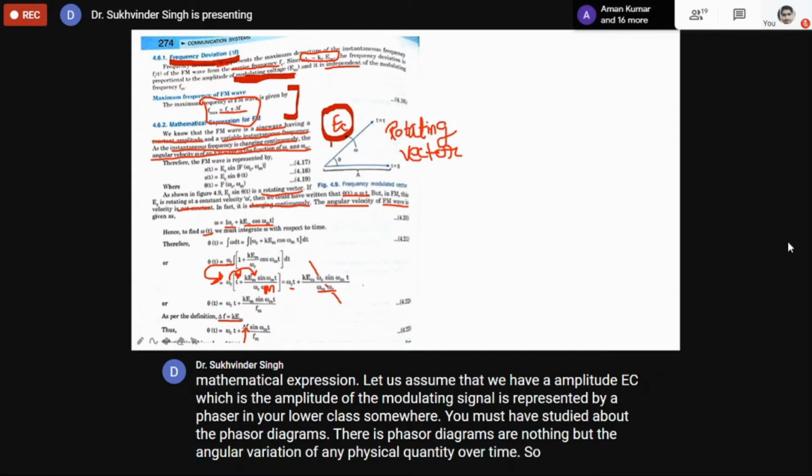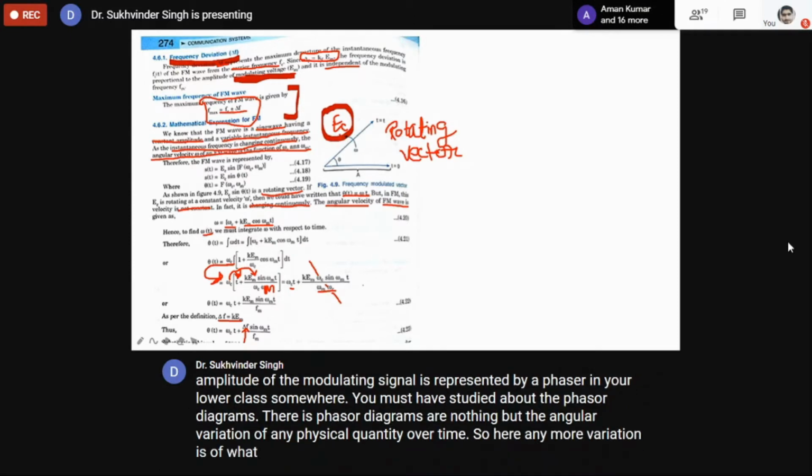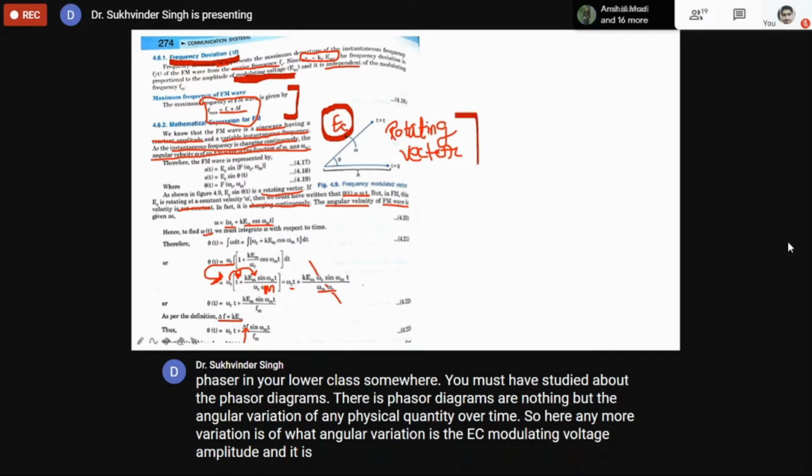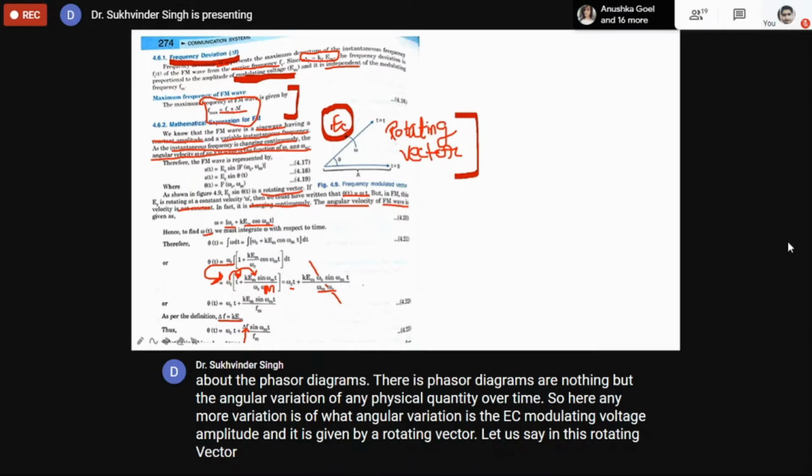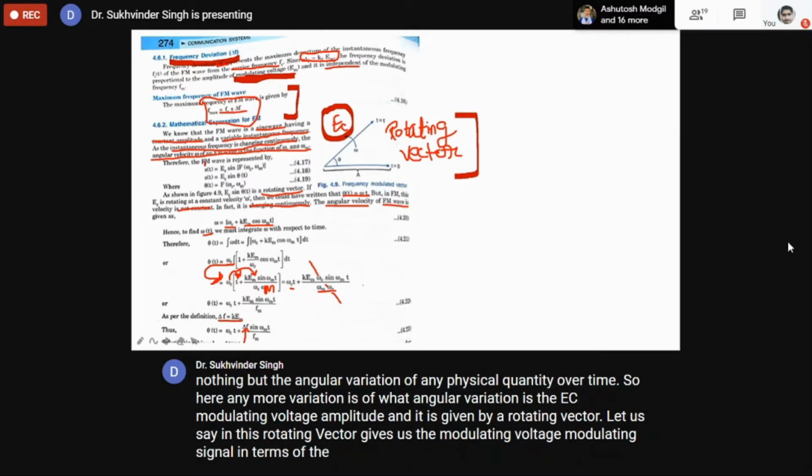So here the angular variation is of Ec, the modulating voltage amplitude, and it is given by a rotating vector. Let us say this rotating vector gives us the modulating signal in terms of the frequency modulation technique.